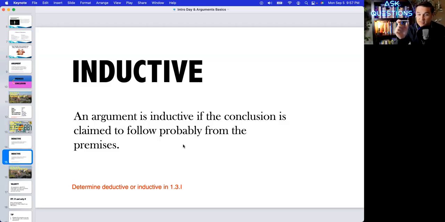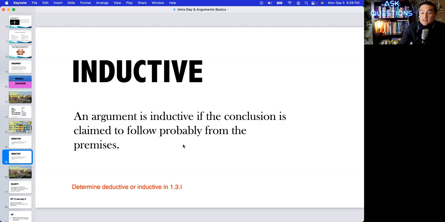And again, when I say between, I'm not counting 100% and I'm not counting 50%. So the odds have to be any degree more than 50%. So 50.000 whatever 1% would be fine. 99.99% would be fine. Those would be good inductive arguments.